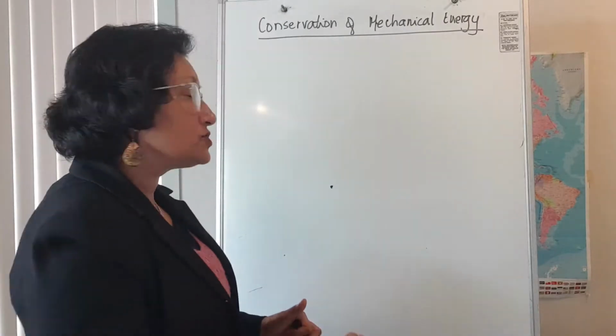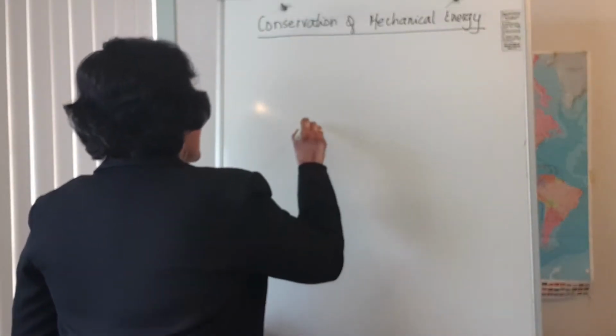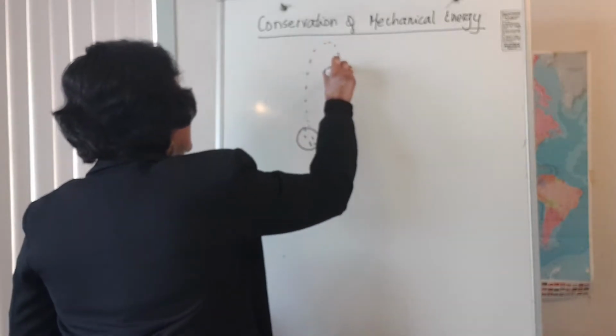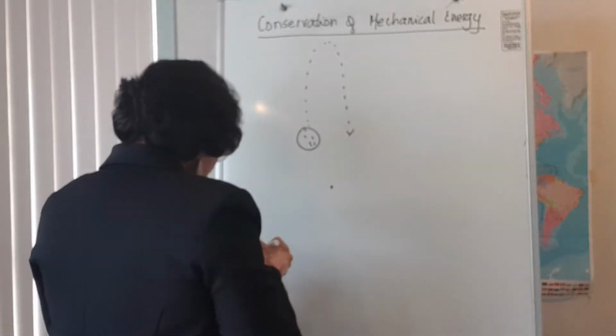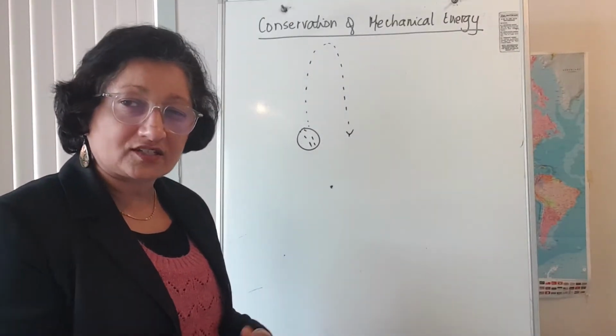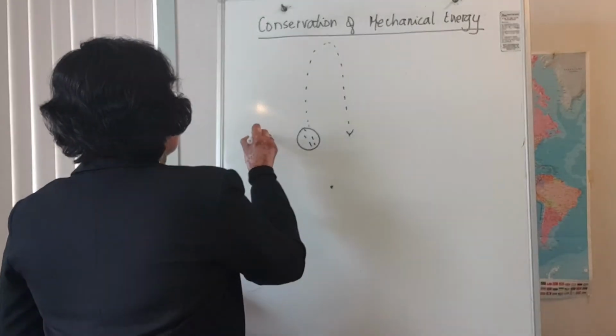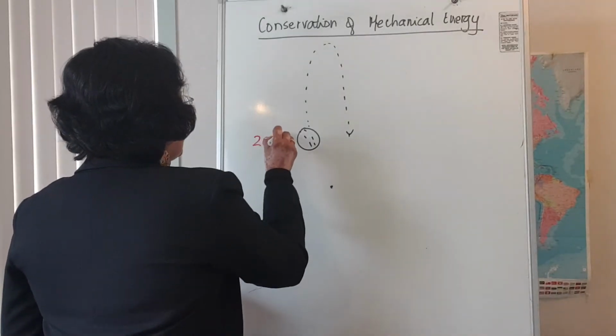Suppose you have a ball and you throw it up and it goes all the way up and then falls down. The moment it leaves your hand, that's when it's got the maximum speed. Let's say it's got 20 joules of kinetic energy.